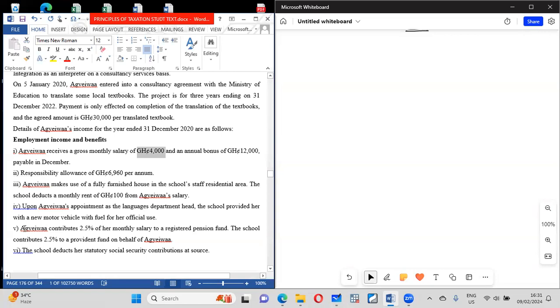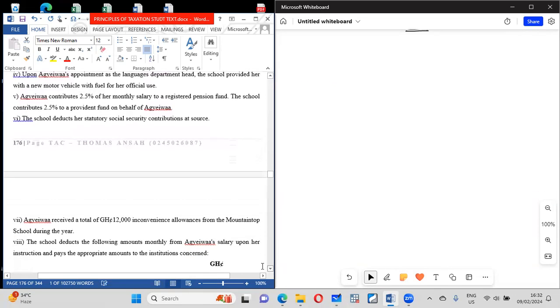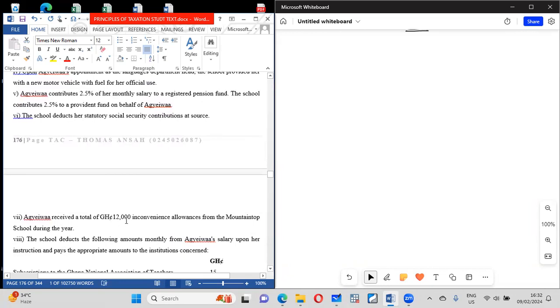Ejewa contributes 2.5% of her monthly salary to a registered pension fund. The school contributes 2.5% to a provident fund on her behalf. The school deducts her statutory social security contribution at source. Ejewa received 12,000 inconvenient allowance from the mountaintop school during the year.